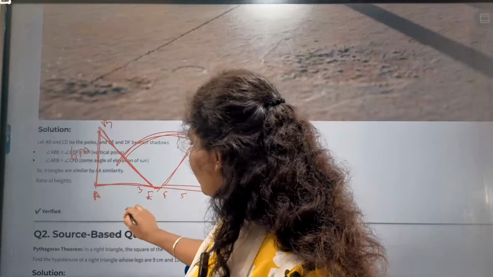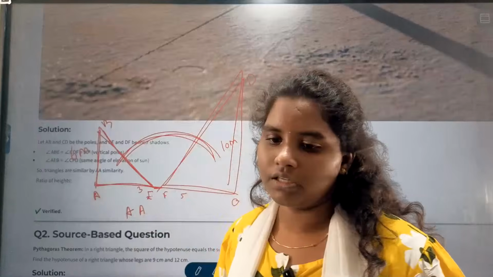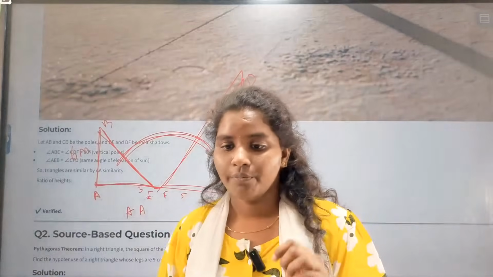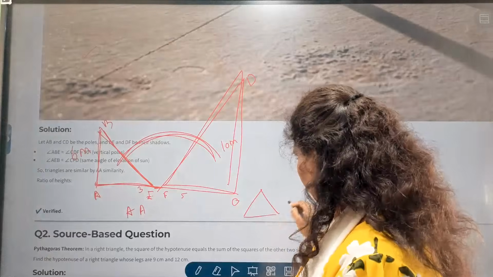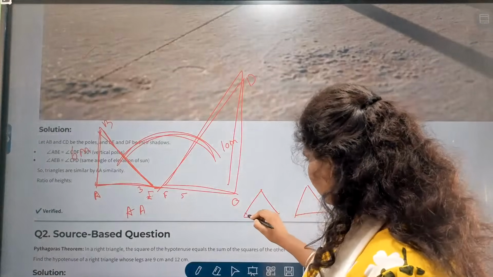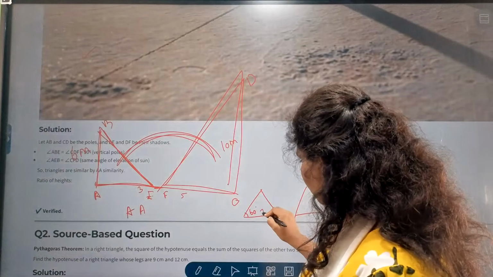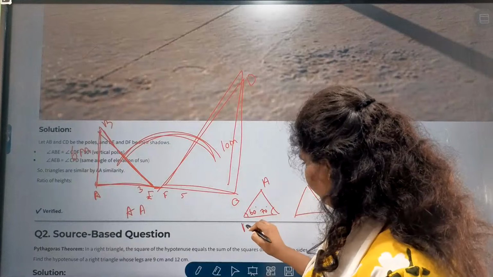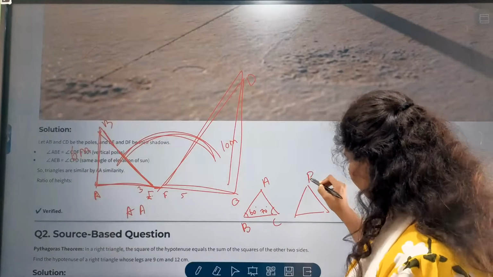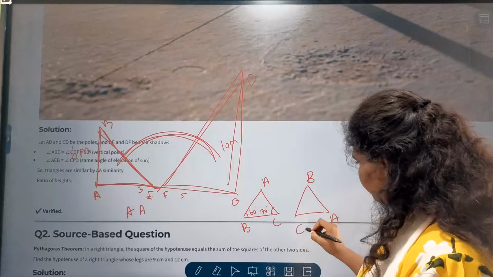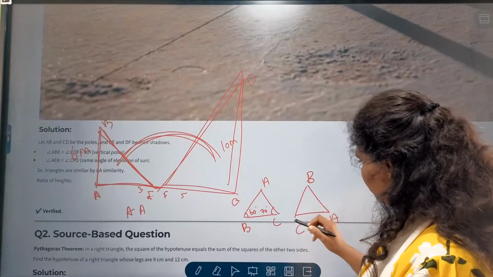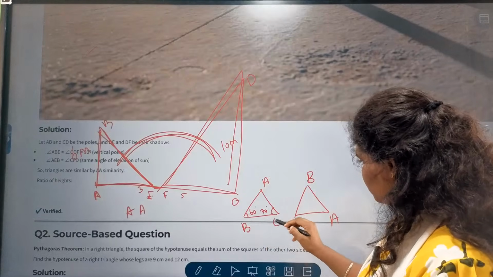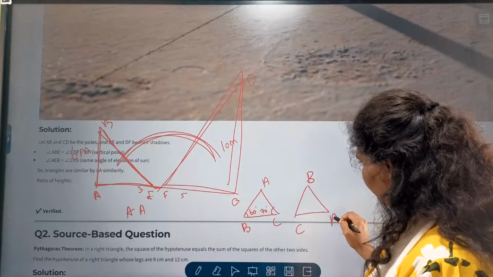So here the angle similarity means both the angles, for example, if I have a triangle like this, here it's 60 degrees, here it's 70 degrees, in triangles ABC and BAC.